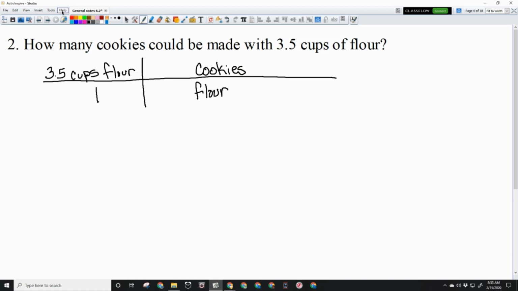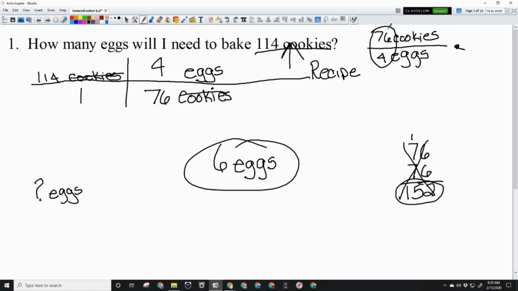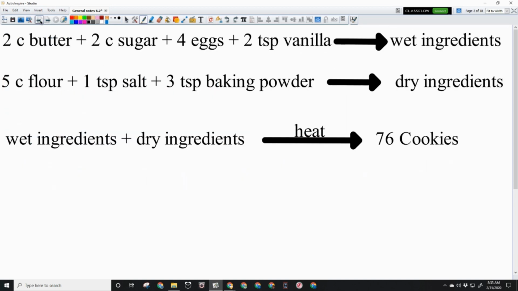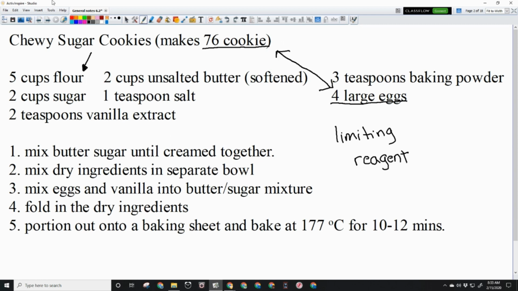All right, so on this previous question, I already set up my conversion factor. And on this question, I'm showing you how to get your conversion factor once you know what you need. So I need the relationship between flour and cookies. So I'm going to go back here and look at this recipe.